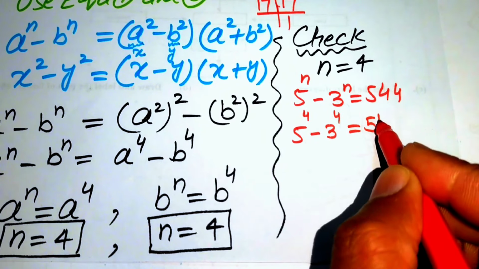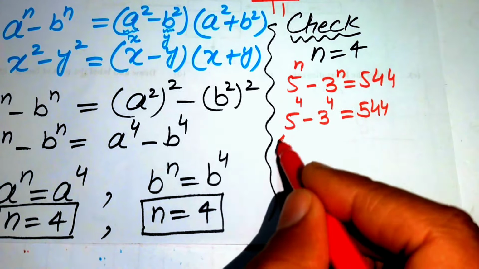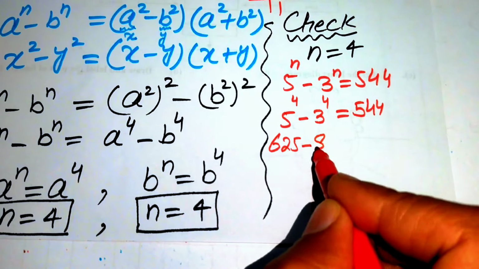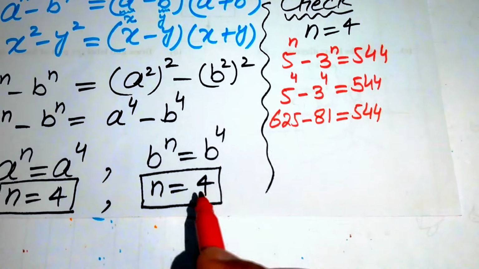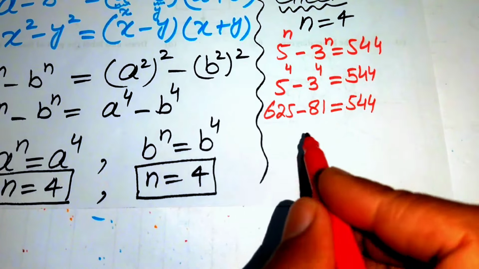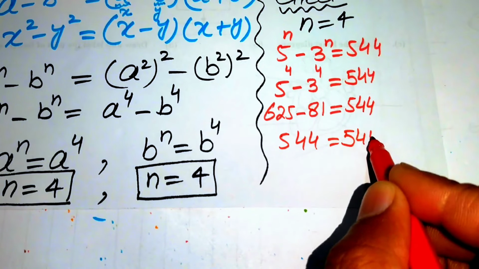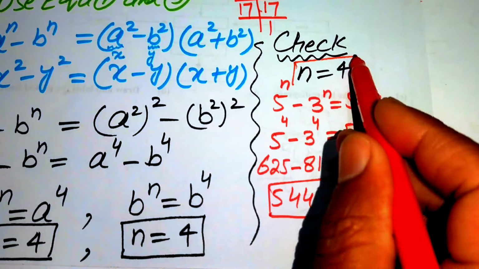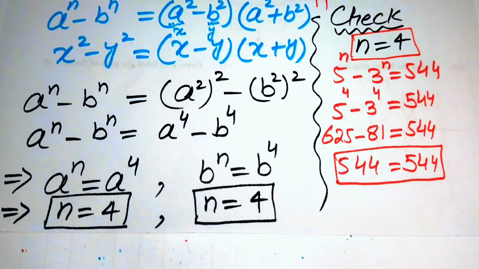You know that 5 to the power of 4 equals 625, and 3 to the power of 4 equals 81. Subtracting 81 from 625, we get 544 equals 544. This shows that n equals 4 satisfies the given equation, so n equals 4 is the only solution of the given equation.